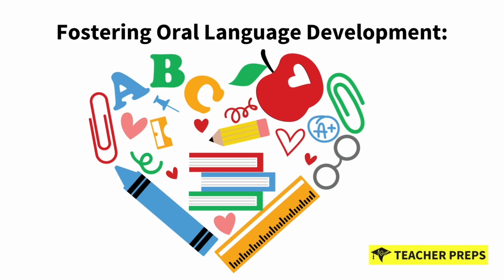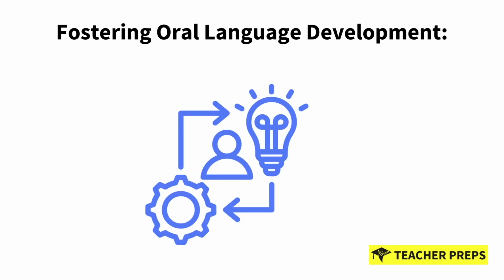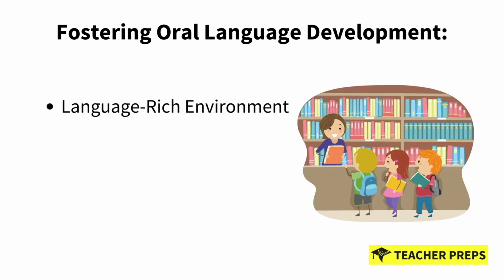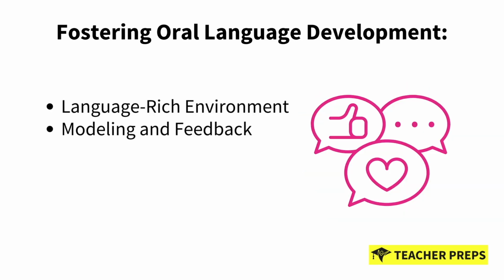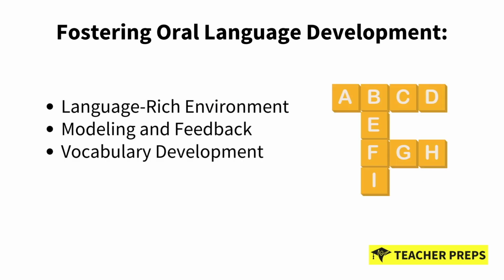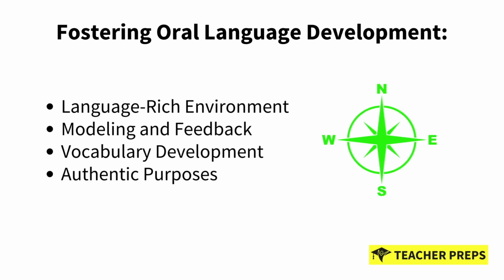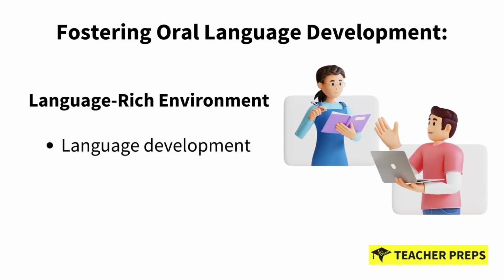Next, we have fostering oral language development, which can be achieved using the following techniques: providing a language-rich environment, using modeling and giving feedback, building vocabulary, and setting a purpose for the learning. Now, let's examine each in detail.